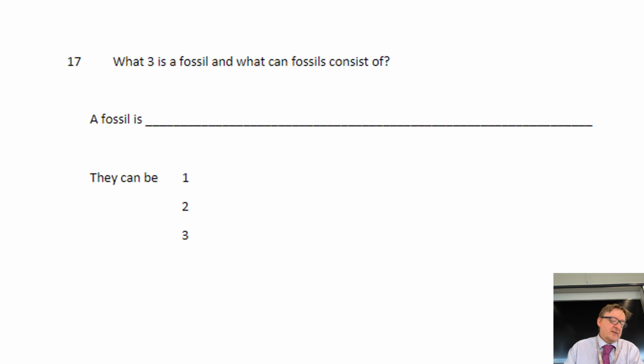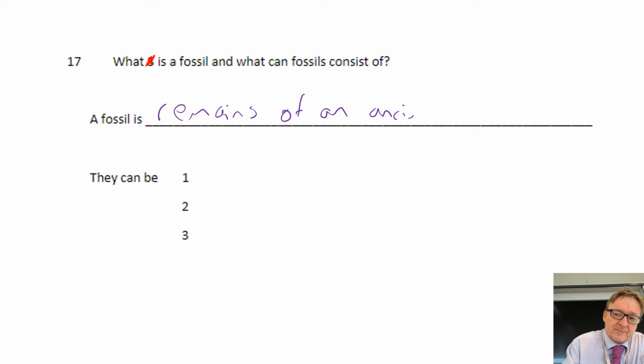Question number 17. What is a fossil? What is a fossil and what can fossils consist of? So a fossil is the remains of an ancient organism found in rocks.